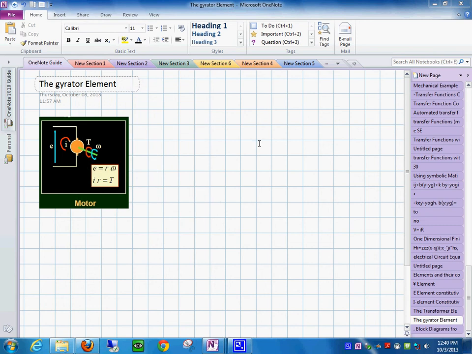The gyrator element. In this case, the best example that I can give you for a gyrator element is going to be the electrical motor. So if you have an electrical motor, let's write it down. This is combining mechanical and electrical domains together.